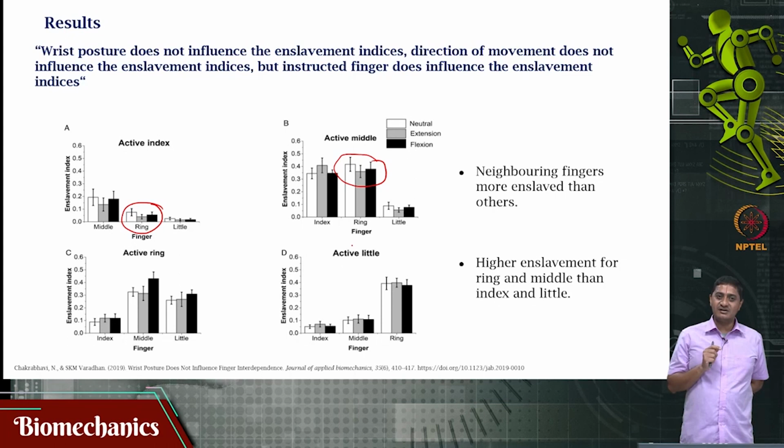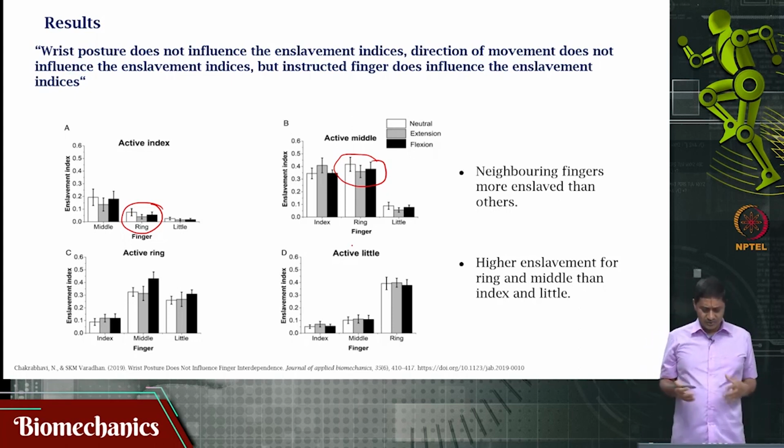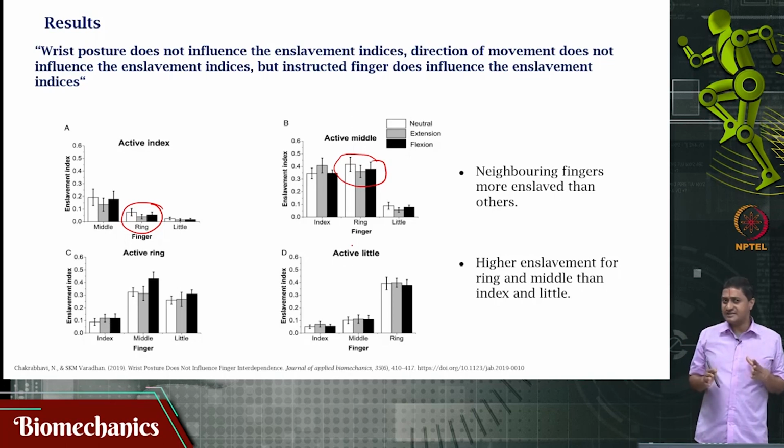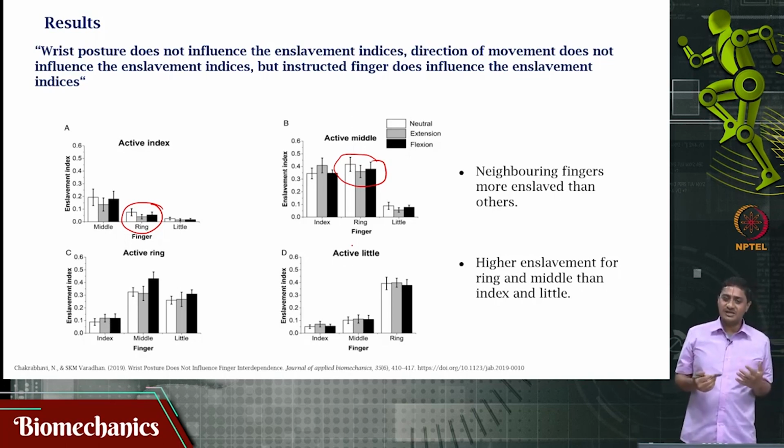Because the ring finger is far away from the index finger, but it is the neighbor of the middle finger, you could expect to see a higher enslavement when the middle finger is the active finger when compared with when the index finger is the active finger. So, these finger level differences are somewhat clearly obvious and are also explainable. It is possible to explain this.